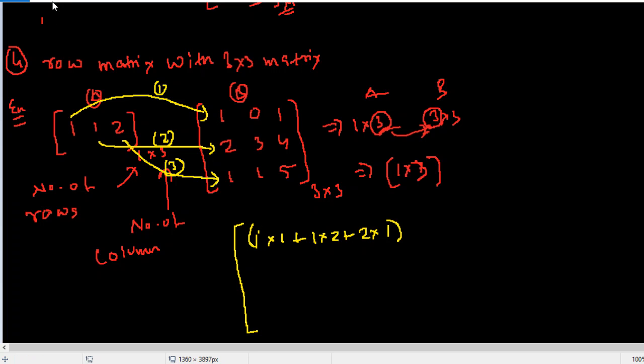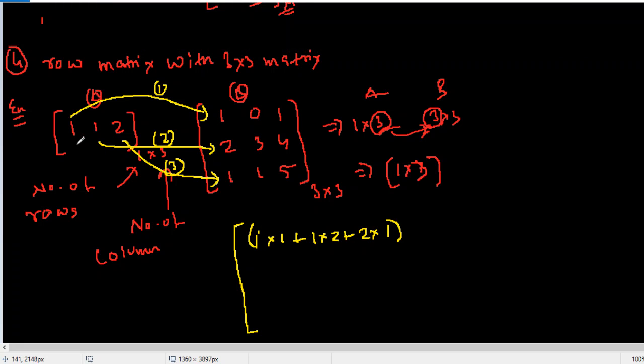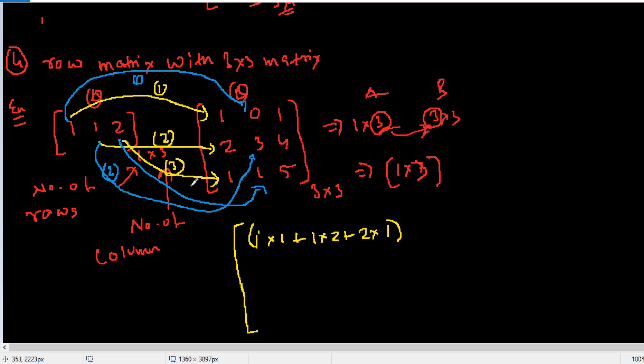Now again we have to multiply with the second column. For the second one we multiply this one with this one, and this one with this one. You can number them 1, 2 and 3.